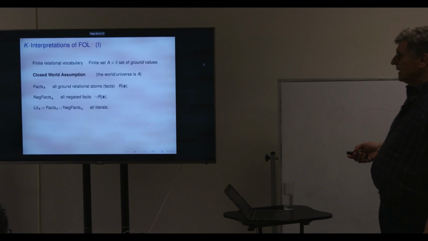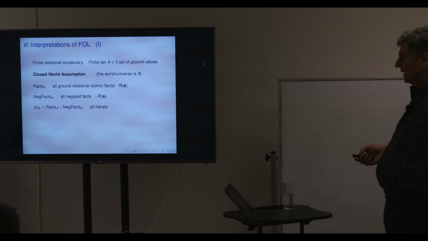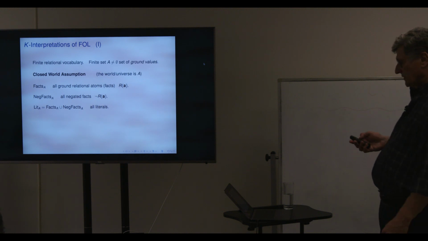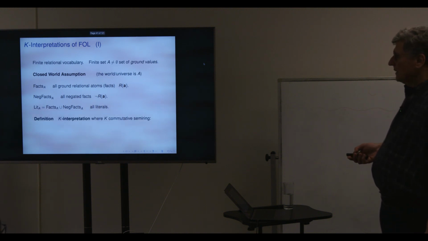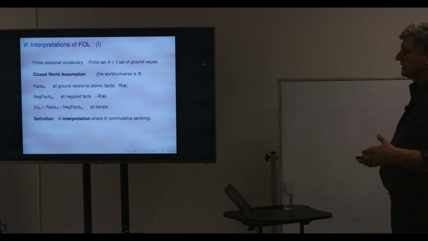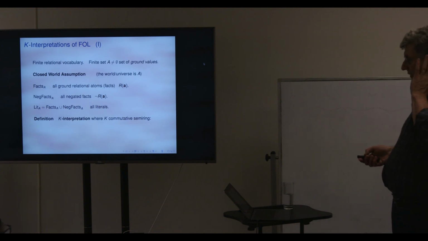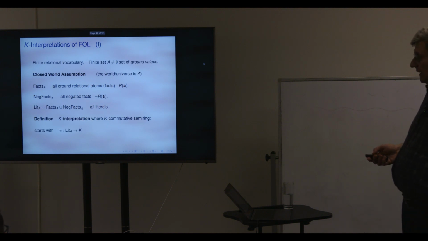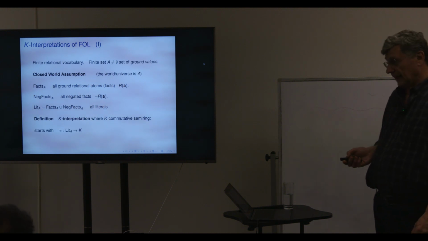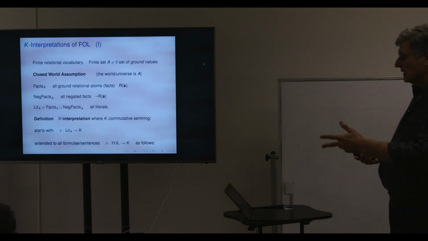And we have facts and we have negative facts. These are the usual atomic literals. And I'm going to denote by lit of A the facts together with the negated facts. In order to define the semantics, I need to start with an interpretation for these facts and the negated facts. So a K interpretation is a mapping from the literals to K, which we will now extend to first order logic.